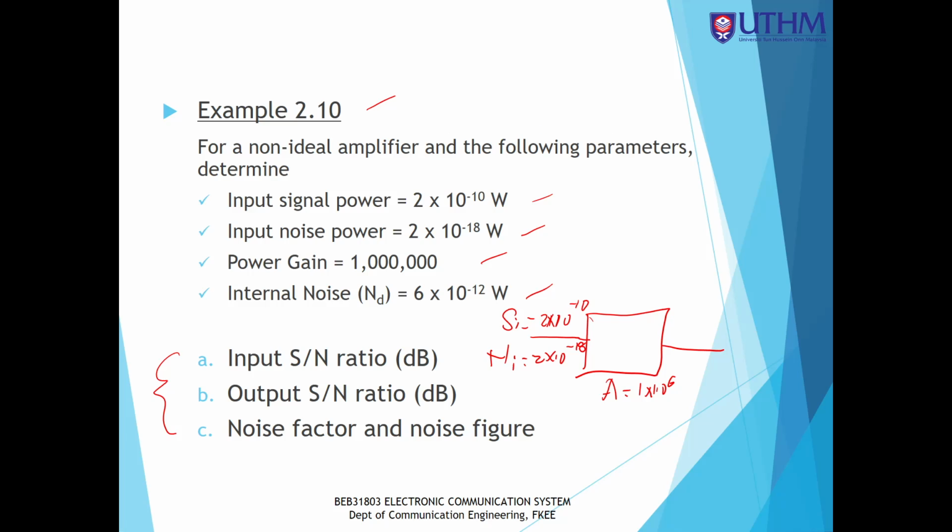And then ND diberikan sama dengan 6 kali 10 kuasa negatif 12 watt. So kita tak tahu berapakah SO, kita tak tahu berapa NO. So the first question asks about input SNR. So input SNR adalah SI over NI, SI dibahagikan dengan NI.